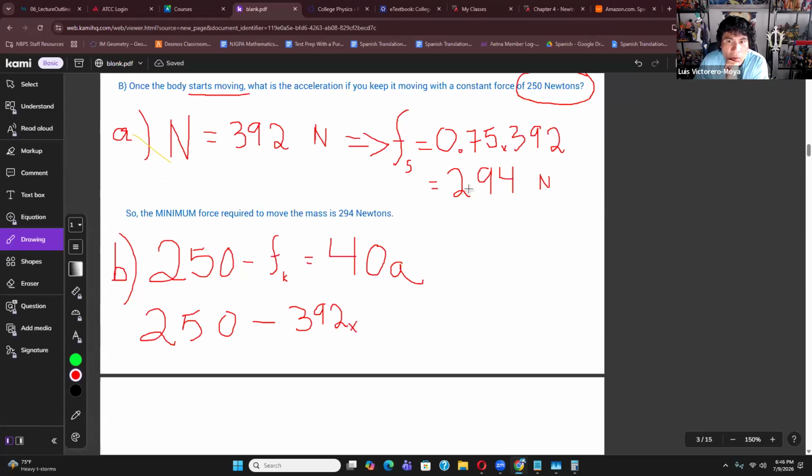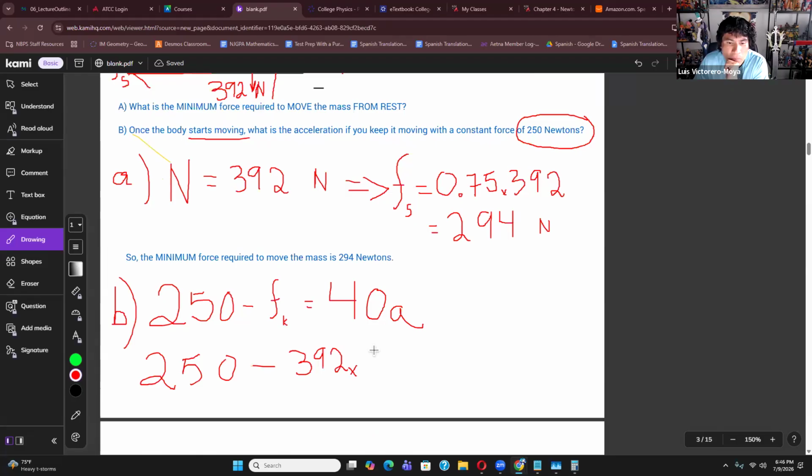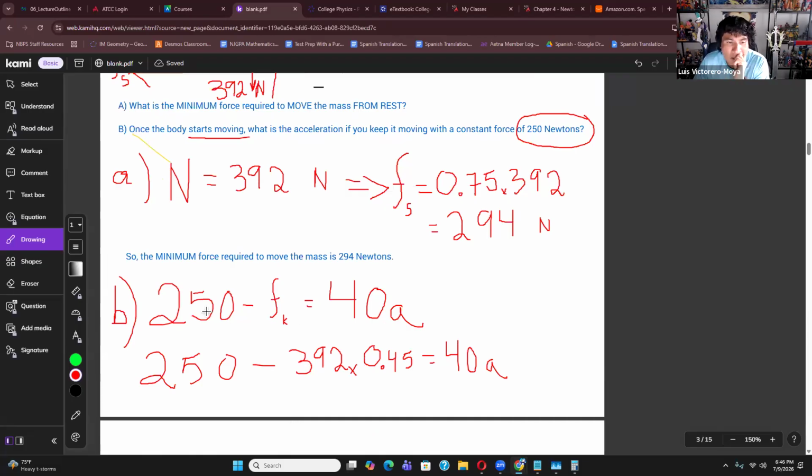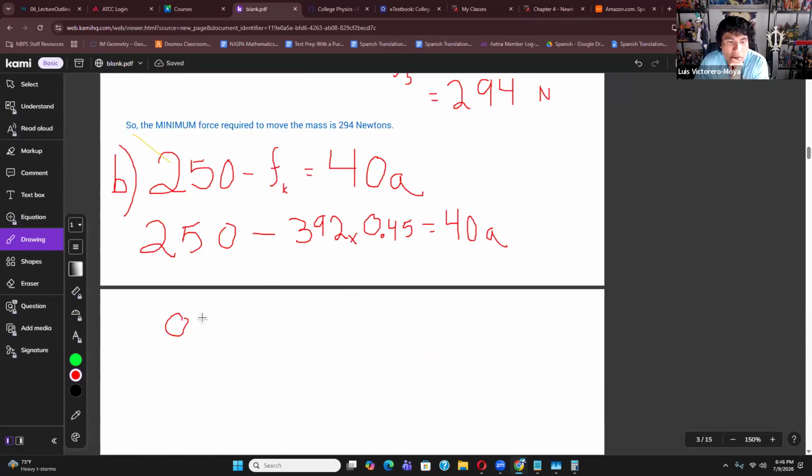The mu is now 0.45. That's equal to 40a. Okay, what do you get for acceleration if you use that equation now?